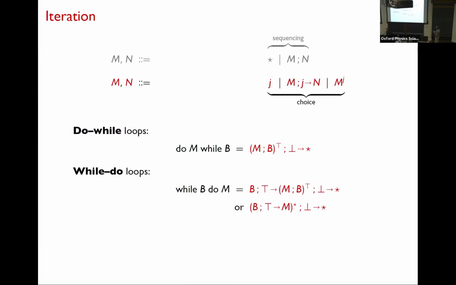So we assume M ends in success, then we repeat. And otherwise, if B is false, then it will skip M and go straight here. So what we've done here is we've used our bottom as a break. So breaks are also jumps. We've got a notion of loop that involves breaks, and you can encode a continue as well, etc.